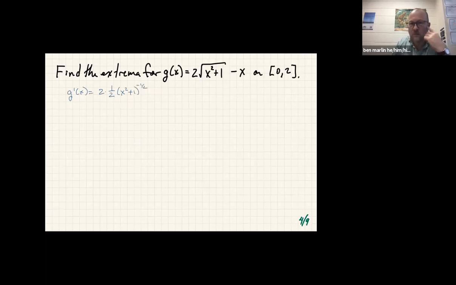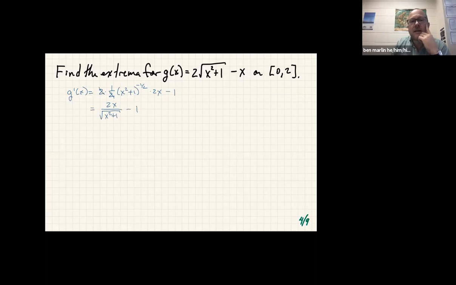You subtracted 1 from the power, and then the chain rule says we have to take the derivative of what's inside, so you get a 2x out of that. And then minus the derivative of that x is just 1. So this turns into what? 2's cancel, and we end up with 2x over the square root of x squared plus 1 minus 1.